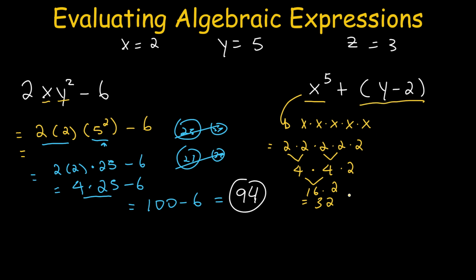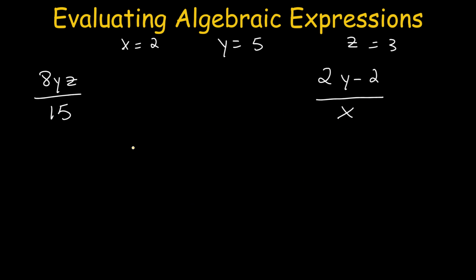Now let's solve this one. Let's put the plus sign here, and solve this one over here. That will be y. Y is 5 minus 2, and 5 minus 2 will be 3. And now let's add 3. So 32 plus 3 will give you 35. This is our final answer.